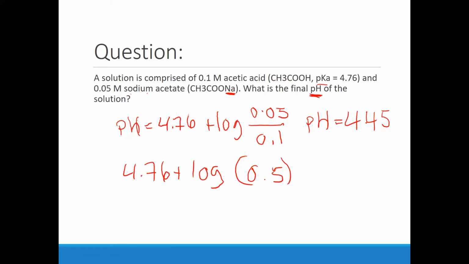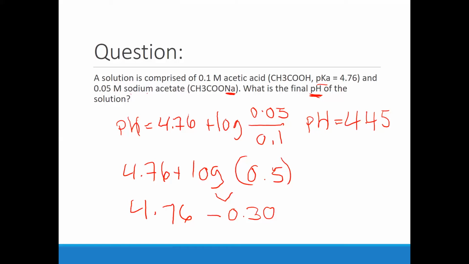So the log of 0.5 is negative 0.30. And we're adding this to 4.76.